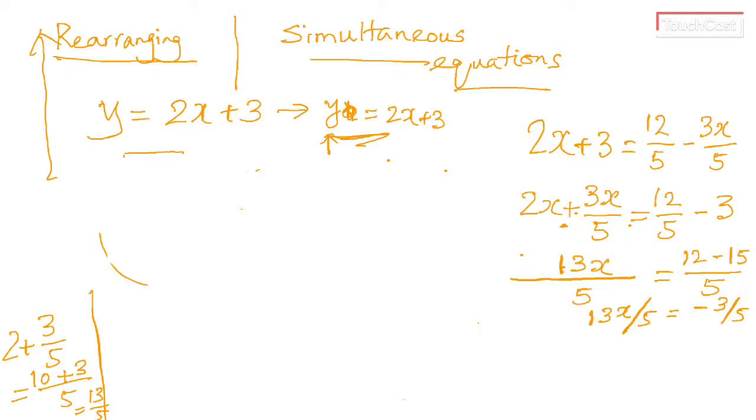I had to pause the video to clean up the whiteboard. Now from there, let me get my pen. From there we have 13 lots of x over 5 equals negative 3 over 5.